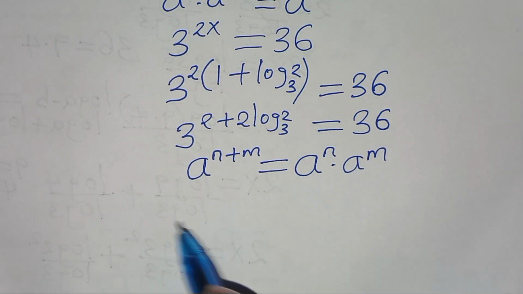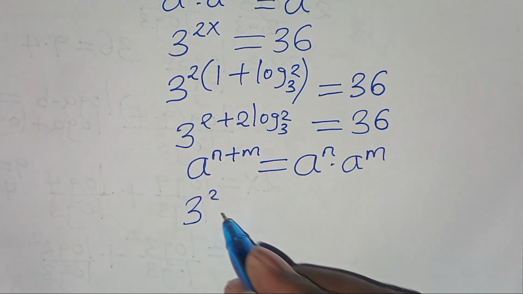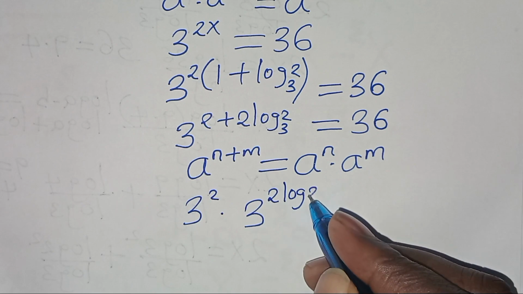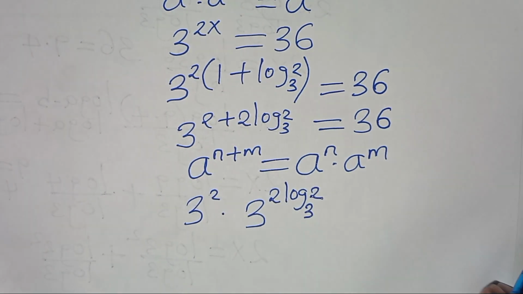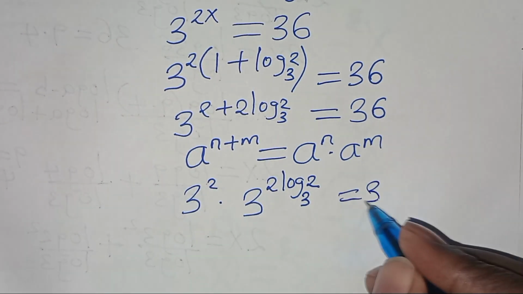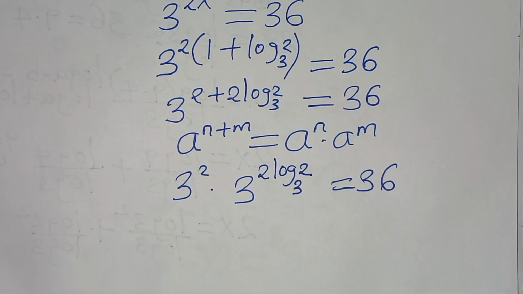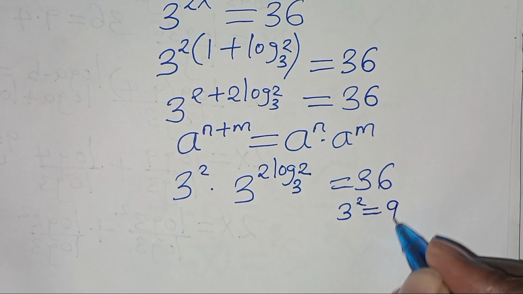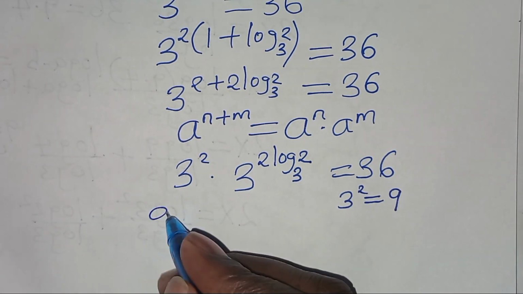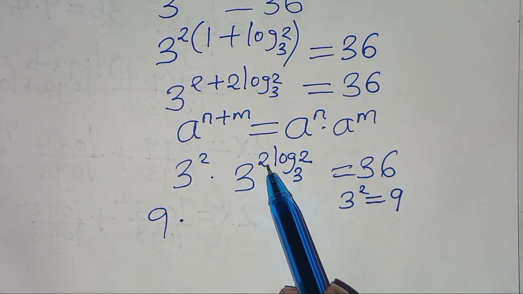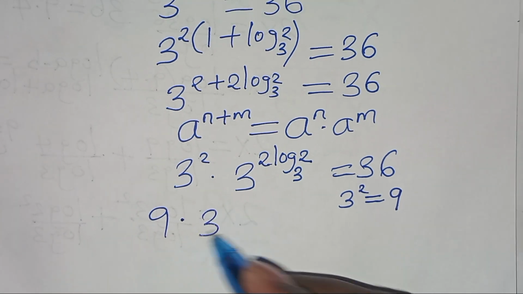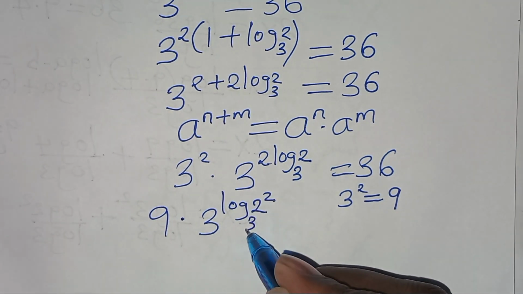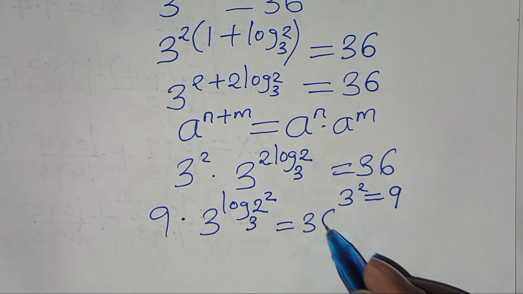So applying this exponent property, here we have 3 to power 2 times 3 to power 2 log 2 to base 3. This should give us a value of 36. So 3 squared here, 3 to power 2, this is the same thing as 9. So we have 9 times 3 to power 2, this is the same thing as 3 to power log 2 squared to base 3. This should give us a value of 36.